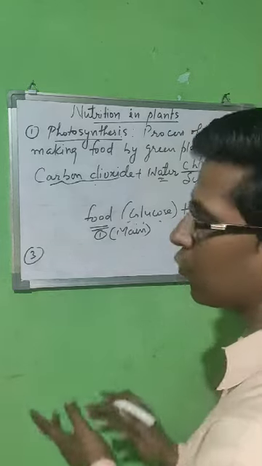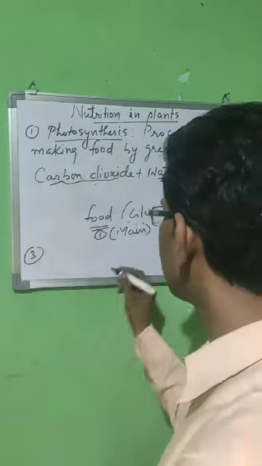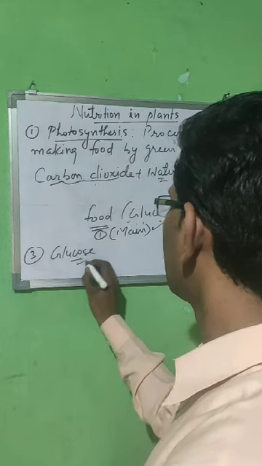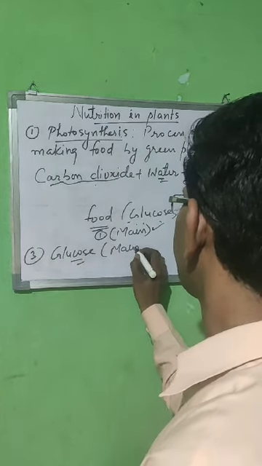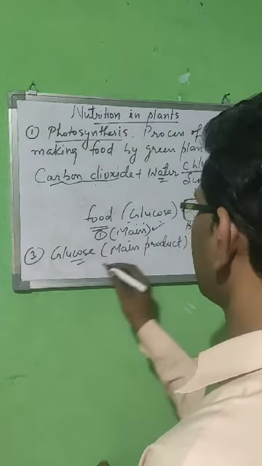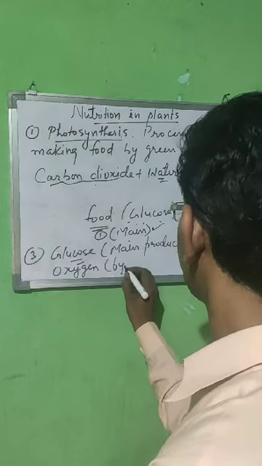Sometimes the question is, what are the products obtained during the process of photosynthesis. You can write this: first is glucose, and that is the main product, and the second is your oxygen, that is a byproduct.